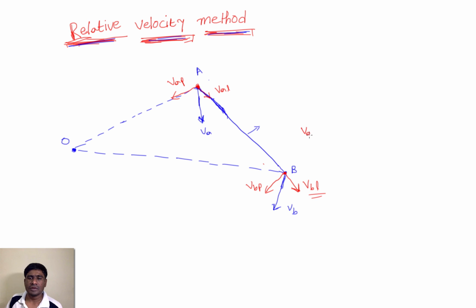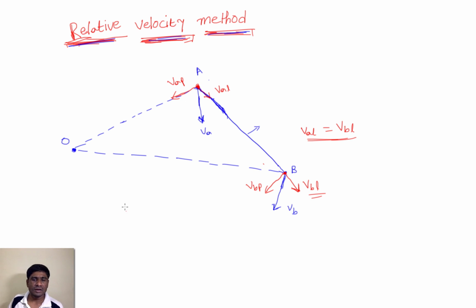So here VAL equals VBL. That means the velocity components of the two points along the link length are equal.